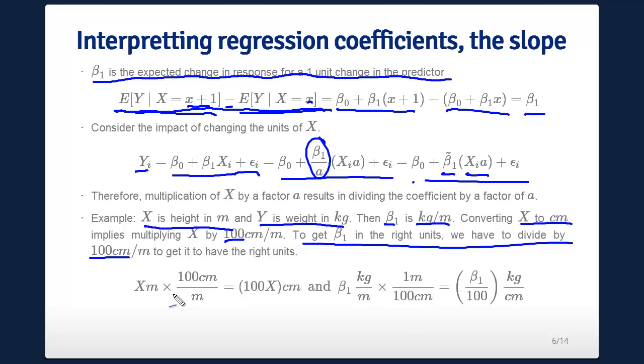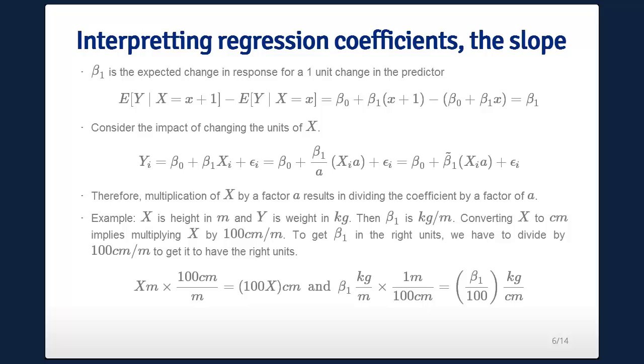Here's the unit discussion: x meters times 100 centimeters in 1 meter winds up with 100x centimeters. And beta 1, which is in kilograms per meter, times 1 meter in 100 centimeters works out to be beta 1 over 100 in kilograms per centimeter. If you keep track of your units, you can't mess it up.